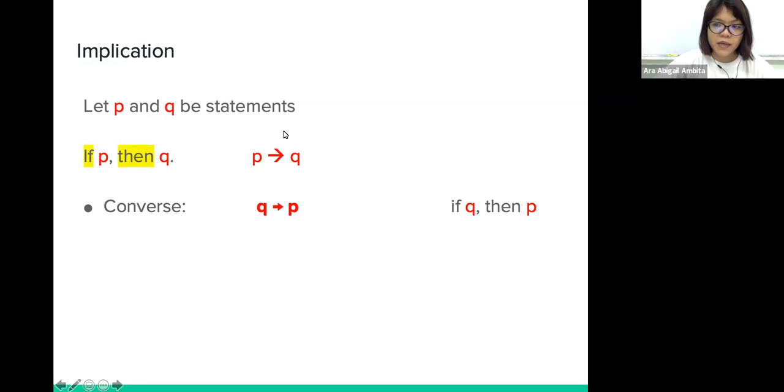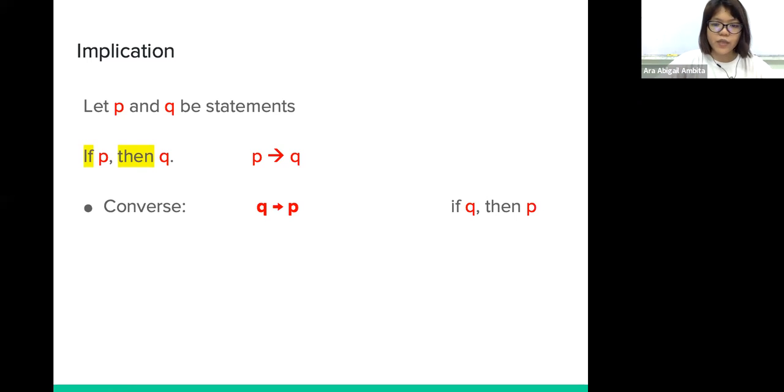Suppose we have the original statement P implies Q. We can write the converse by simply interchanging P and Q, so we have Q implies P. In the original statement, P is the hypothesis and Q is the conclusion, but for the converse, Q is the hypothesis and P is the conclusion.